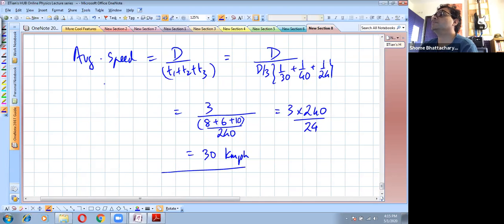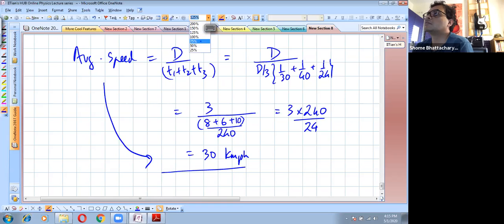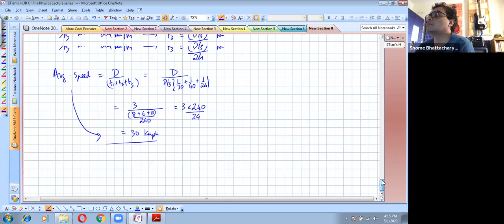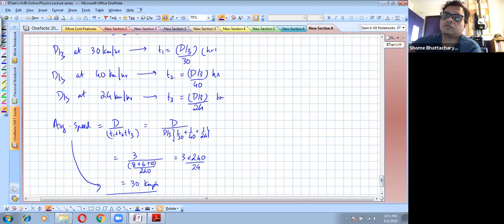So this should be our average speed. Yes. Okay, we can take 120 also as LCM. Yes. Right. So anyway, hope this question is clear.